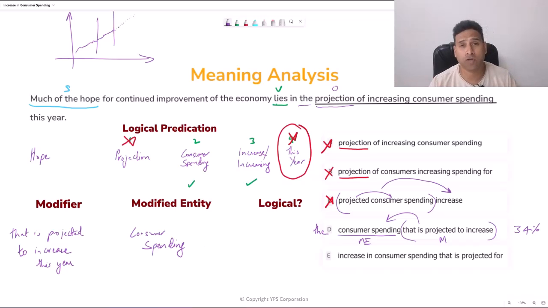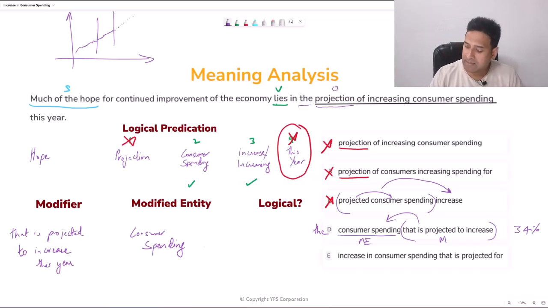Essential versus non-essential modification. Well, this clause provides essential information by talking about a particular or specific consumer spending that is projected to increase. In other words, much of the hope for continued improvement of the economy lies in that consumer spending that is projected to increase, and not in the other consumer spending that is not projected to increase this year.